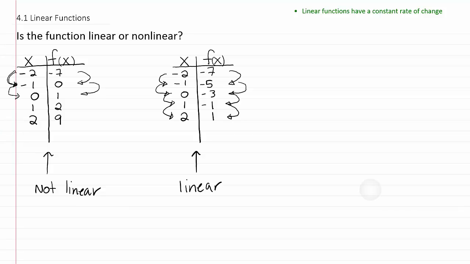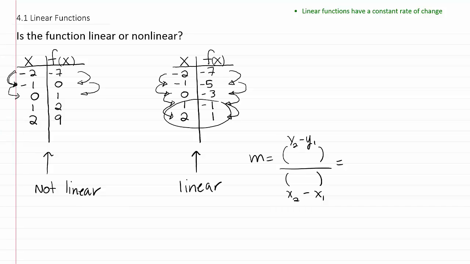By the way, if you wanted to determine the slope, you could just use the slope formula, right? That has the change in y, y2 minus y1, over the change in x, x2 minus x1. If you did that for our example, you could take any pair of points here. For example, let's take this pair of points.